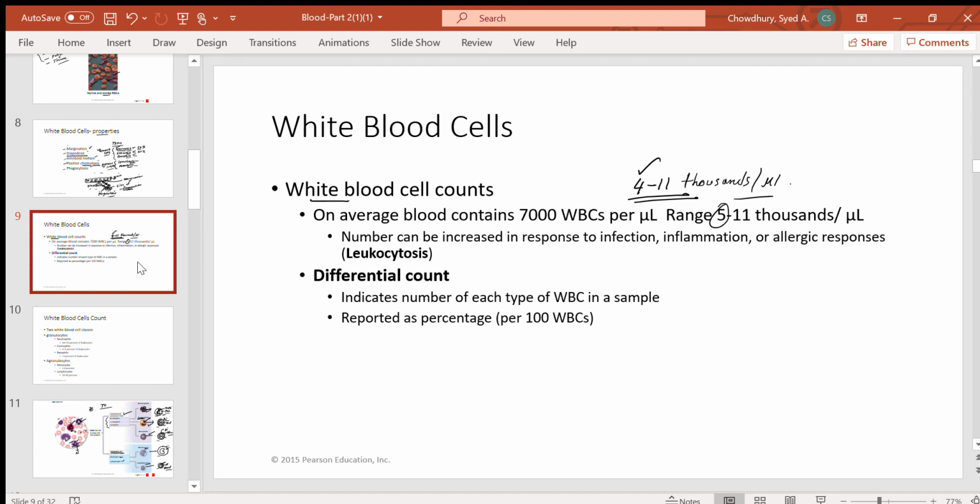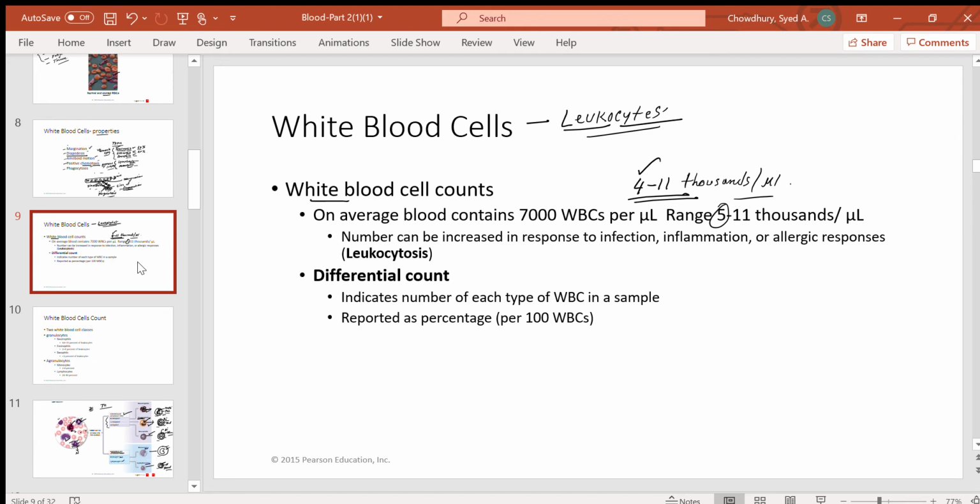Another name of white blood cell is leukocyte. Leuko means white, cyte means cell, white colored cells.